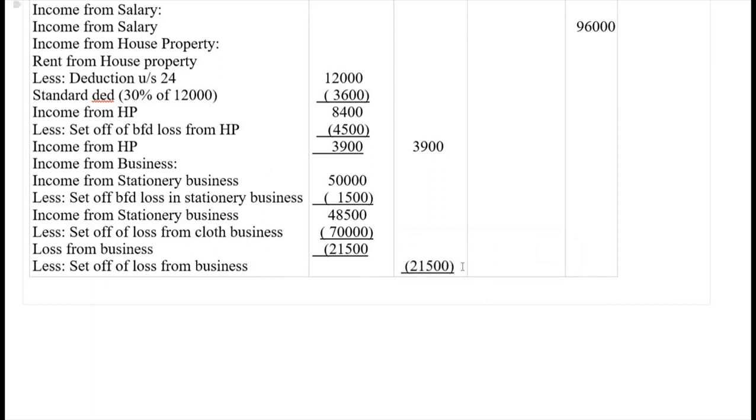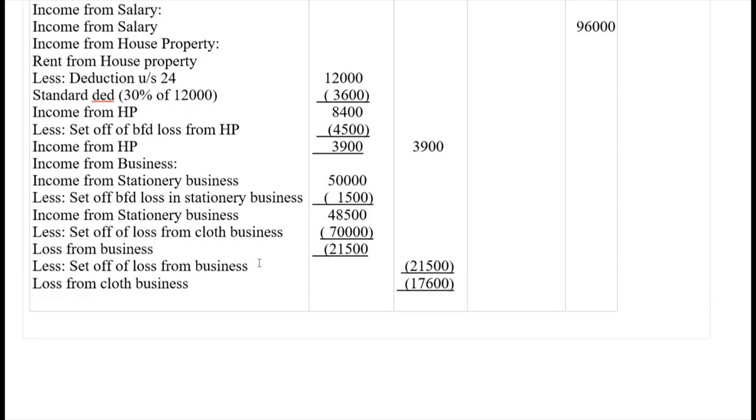The difference will be now 15 minus 9 is 6, carry 1, 11 minus 4 is 7. So it will be 17,600 loss. So here we'll record less loss from cloth business. Still it is remaining here.